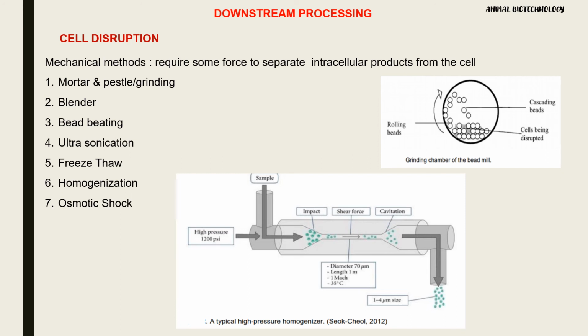This creates a shear force. On discharge from the channel, the cells expand instantly, leading to cell disruption. Next, osmotic shock. It uses the principle of osmosis. Water enters the cells, increases the cell volume, finally leading to bursting of cells.